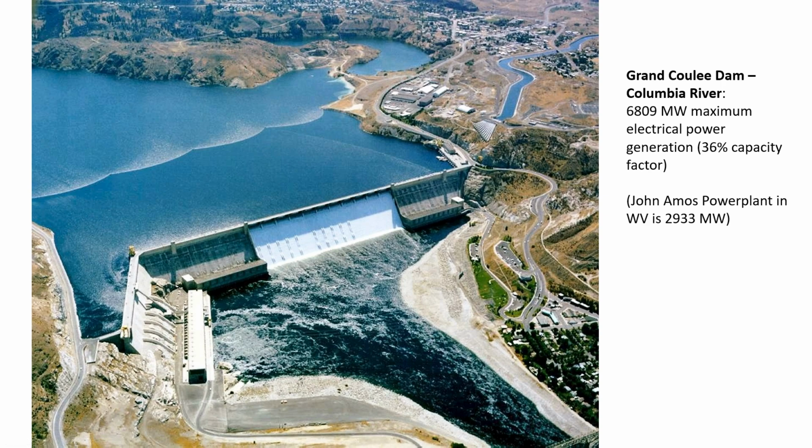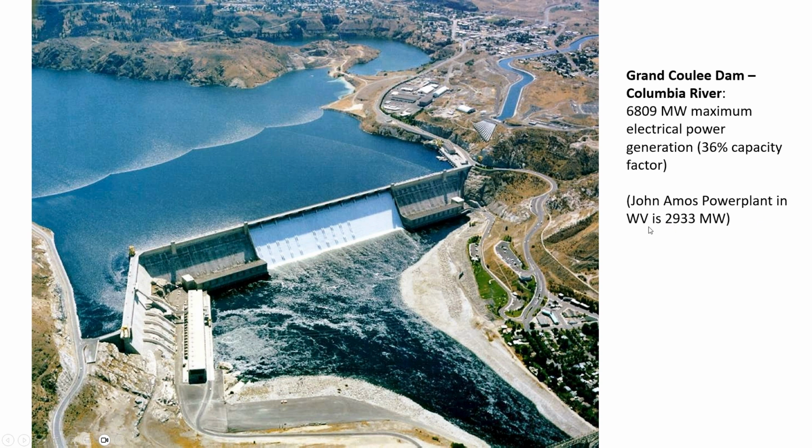It has a rated maximum power generation capacity of 6,809 megawatts. And it's hard to put that into perspective. I mean, if you're not familiar with the megawatt, then, is that a lot? Is that a little? Well, just as comparison, the John Amos power plant, which is in Winfield here in West Virginia, has a rated capacity of 2,933 megawatts.